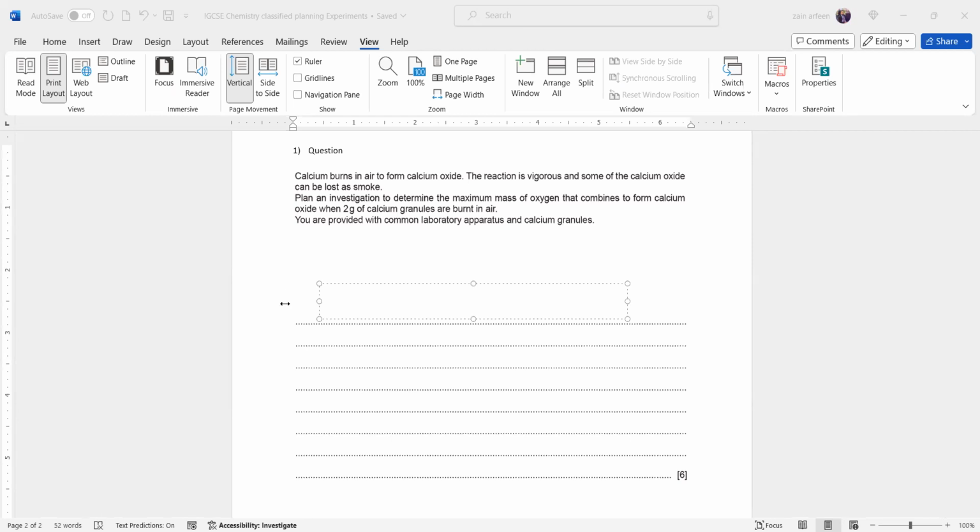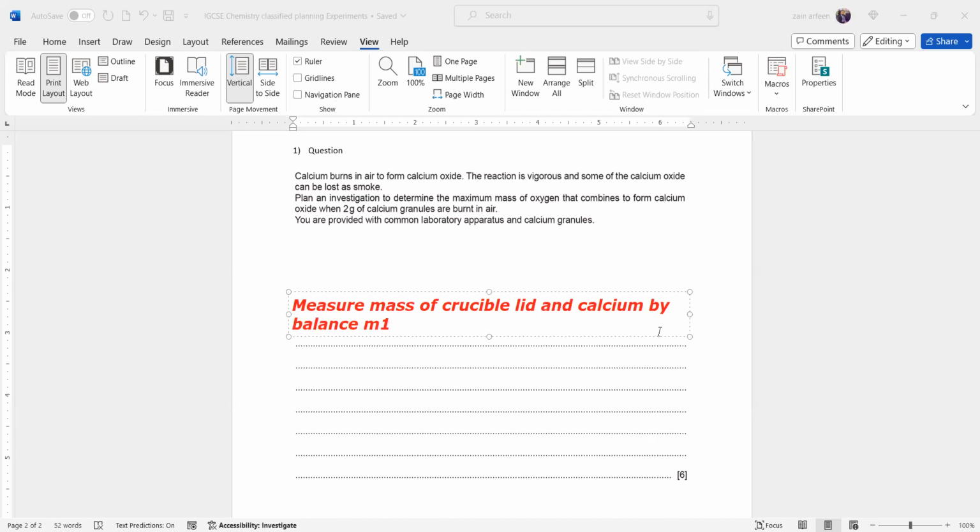So we will measure the mass of the crucible, lid and calcium by using a balance, and we call this M1. You can write any variables, M1, M2, according to the value.